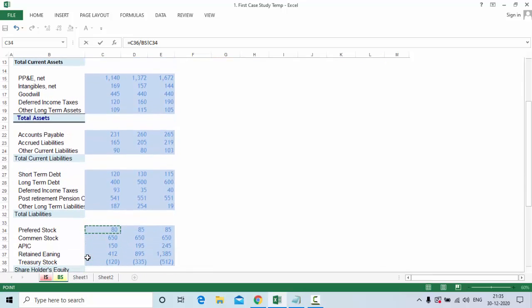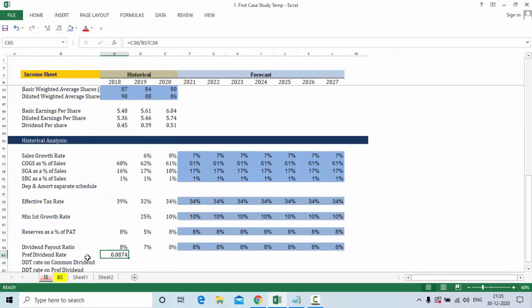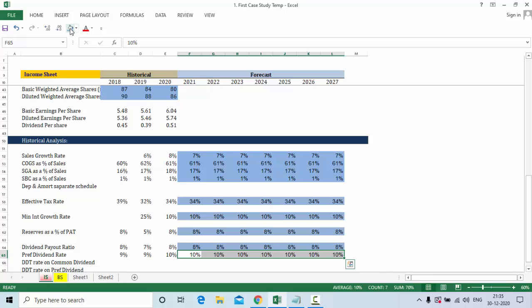This is my preference stock. Enter, convert it to percentage, Control R. So let's keep 10% preference dividend rate. Control R, color it. Now let's forecast dividend.